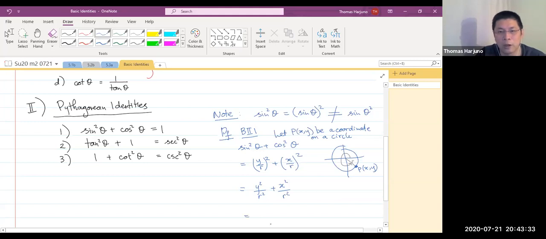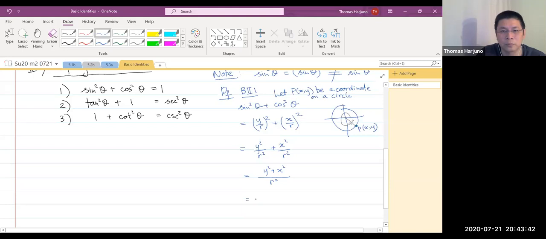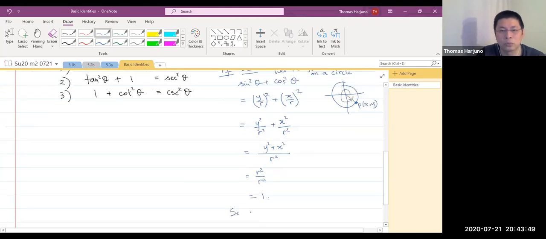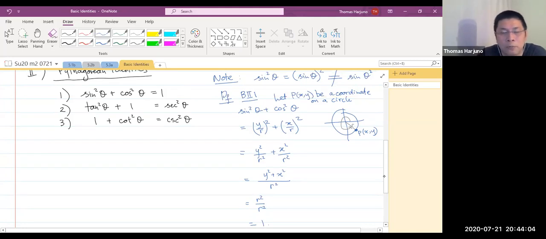They already have a common denominator: y squared plus x squared is r squared, which is equal to 1. So sine squared theta plus cosine squared theta equals 1. That's B2-1.